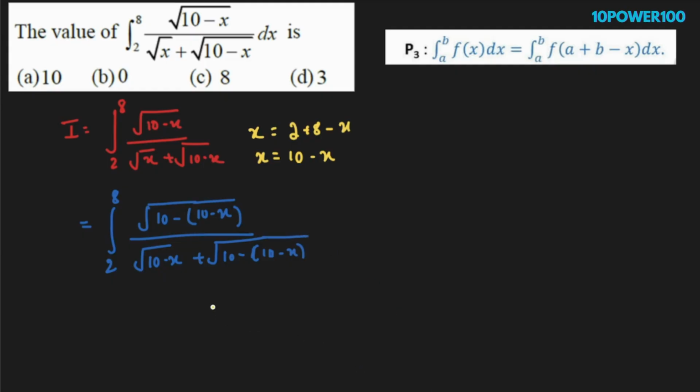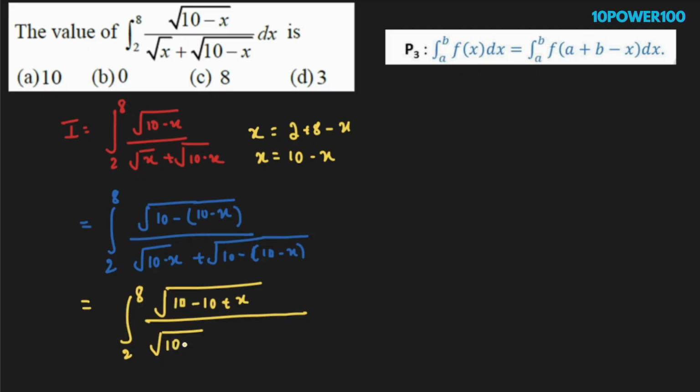Now if we solve further, we get the integration from 2 to 8 of 10 minus 10 plus x under the root, divided by root 10 minus x plus root 10 minus 10 plus x.